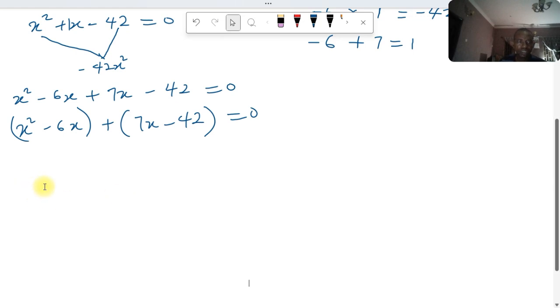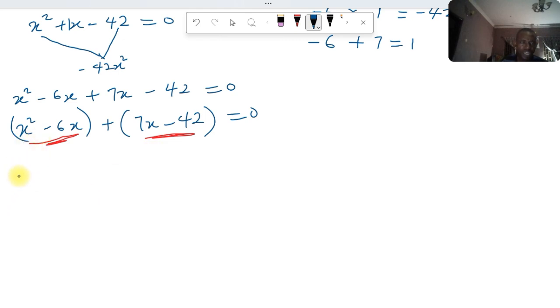Let's proceed. To check the bracket here, we check inside this bracket, we look for what is common, we factor it out, and we also look for this bracket inside the bracket as well, and we also bring out a common factor.